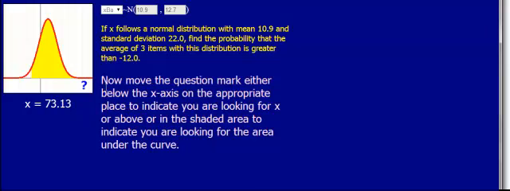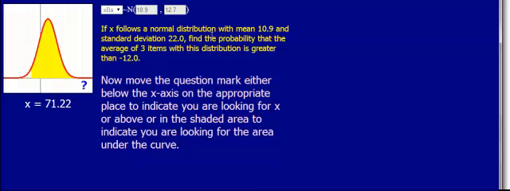It now says, now move the question mark either below the x-axis on the appropriate place to indicate you are looking for x, or above or in the shaded area to indicate you are looking for the area under the curve. We want to find out a probability. When you want to find a probability, that means we want to find out area.